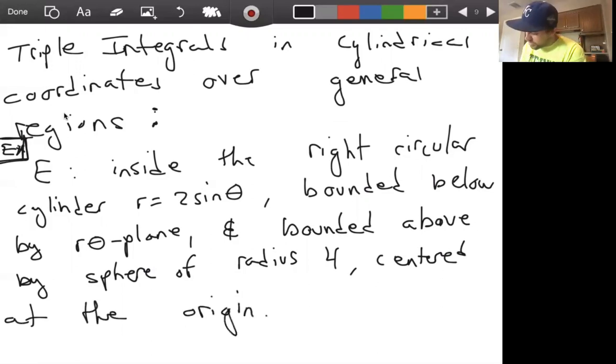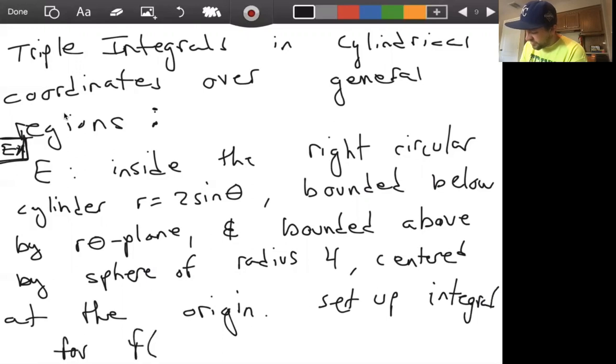And so let's set up an integral for some function f of r, theta, z over E. And this is what we want to do.